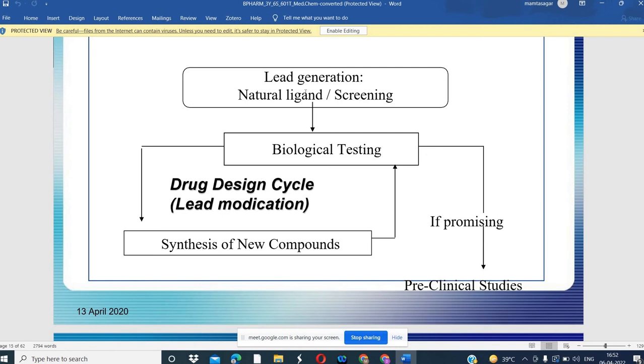We can use different software for the analysis, so that we can move further. We will only do further studies if the compounds are promising, meaning they are showing sufficient interaction or results. If we are satisfied with the result, we can move on.